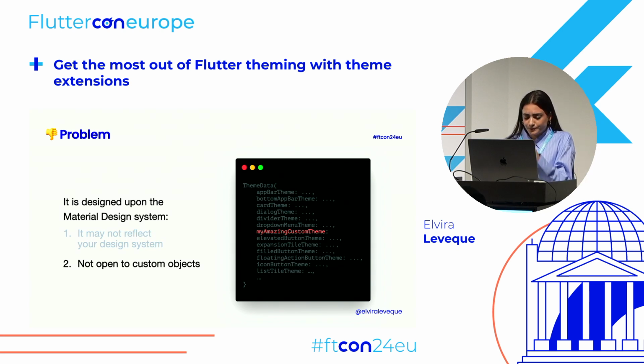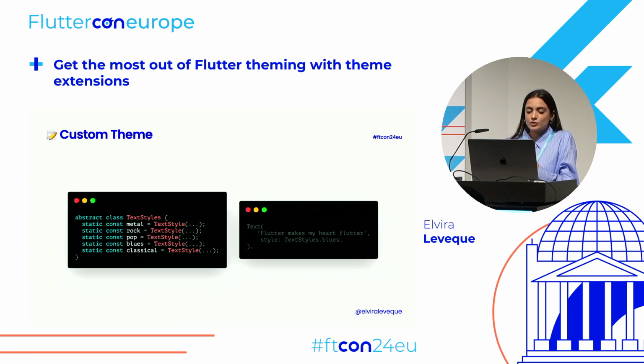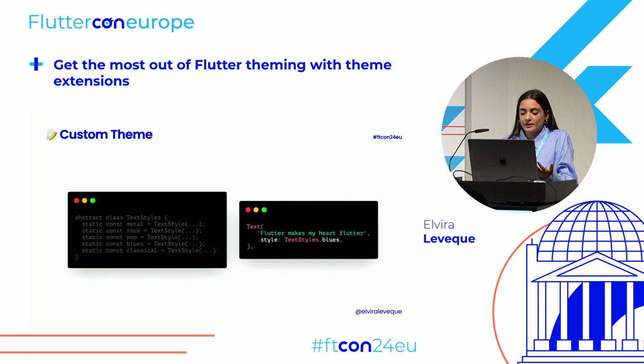So what can you do if, for example, you have a custom typography that you would like to centralize in the same way? A first solution that you may think of is to just define your stylings, maybe wrap them in a class, and then call them in your widget implementations. This is totally fine.